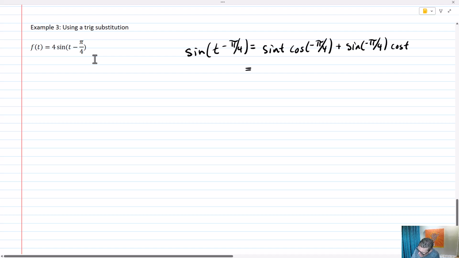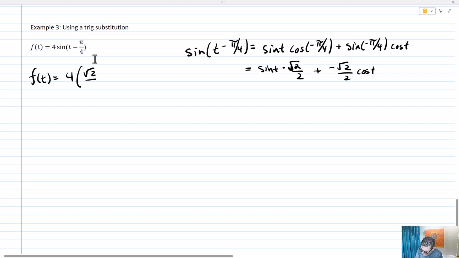So now this is going to end up equaling sine t, and cosine negative pi over 4 is going to be times root 2 over 2, plus, and this will be then negative root 2 over 2 cosine t. Now I'm going to substitute back in, so f of t is now going to equal 4 times root 2 over 2 sine t minus square root of 2 over 2 cosine t.